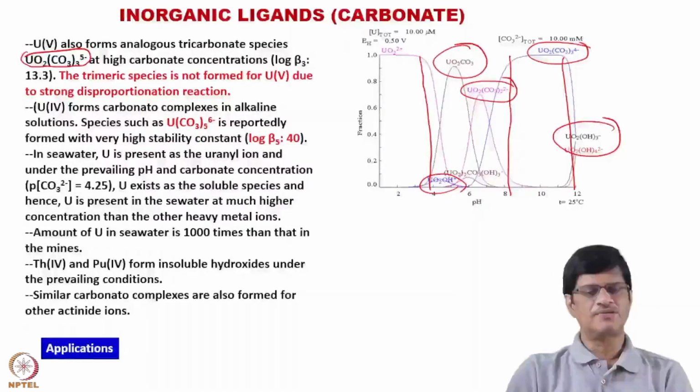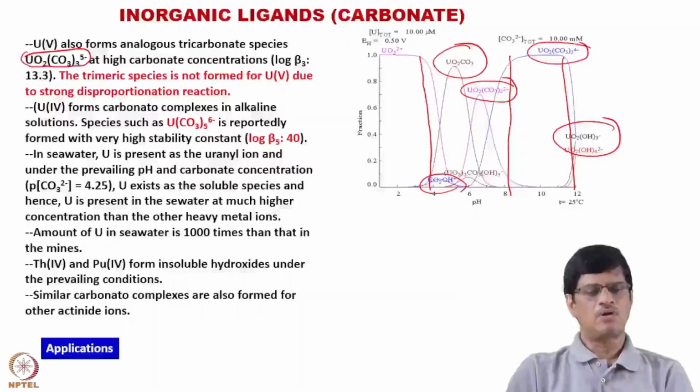The log beta 3 value is around 13.3. Nevertheless, this is much lower than that reported for uranium 6, the UO2 2 plus ion. It is more than 7 orders of magnitude lower, and the trimeric species is not formed from uranium 5 because of the strong disproportionation reaction prevalent in the case of uranium 5.